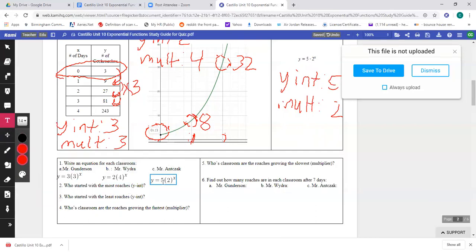That's it. So who started with the most roaches? You look at the y-intercept. The one with the highest y-intercept is Mr. Anzac, because he started with 5 roaches. Who started with the least roaches? That's Mr. Wydra. He only started with 2.